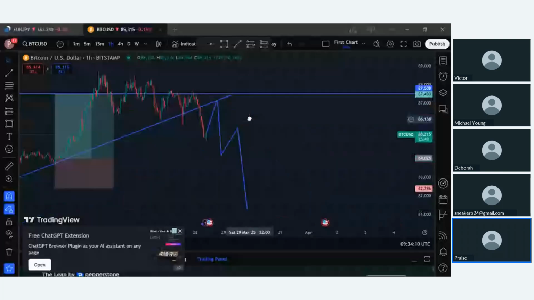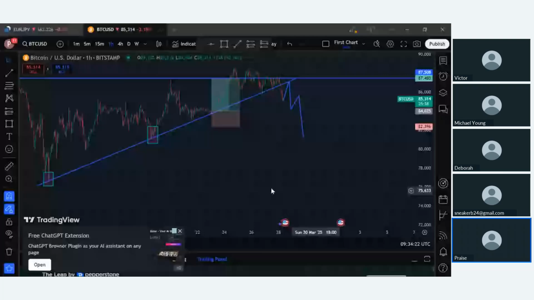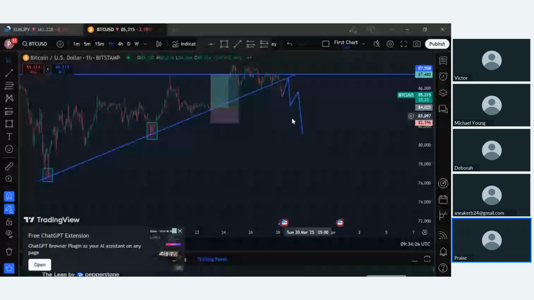If you use this effectively, you will be shocked at the result that this single trend line can offer you.